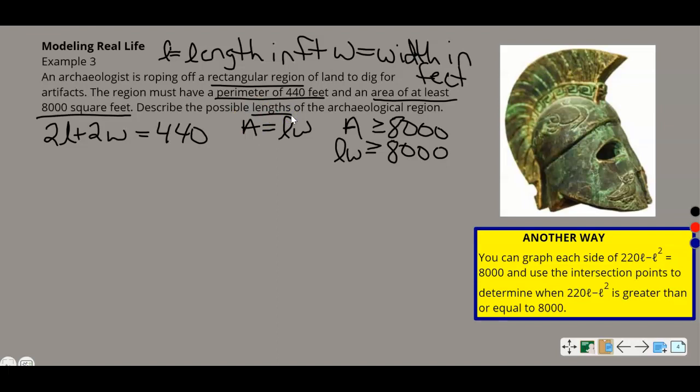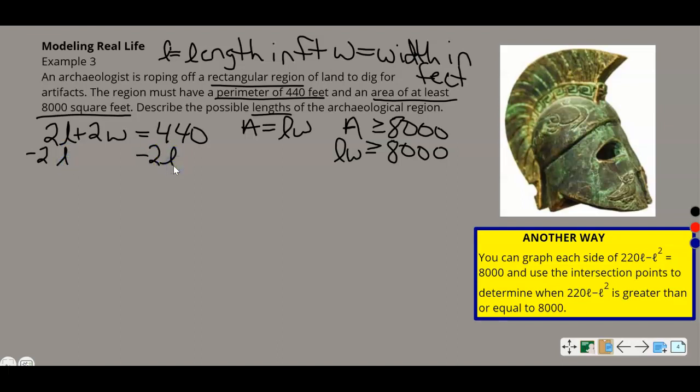I'm going to rearrange the perimeter equation to solve for either W or L. It doesn't matter which, but I'll solve for W, because then it's in terms of L, and I can plug it into the other equation. So I need to get W by itself.